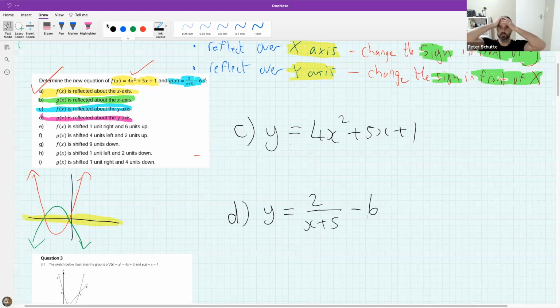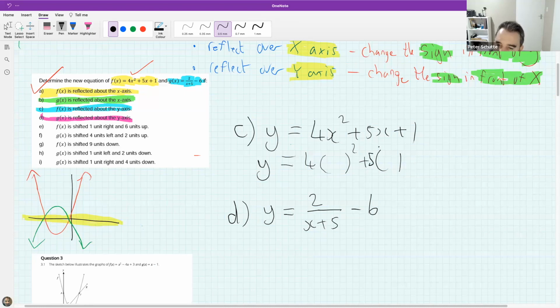Pop your answer for C in the chat when you feel like you've got it. Now watch out with this one, because when you reflect over the y-axis, you change the sign in front of the x, but there is a squared term here.